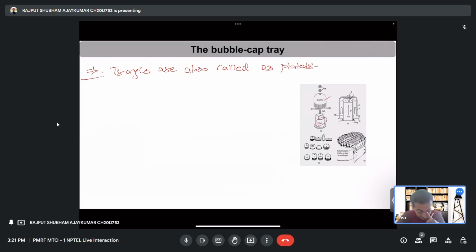Okay, so the major function of the tray, like I said, is to allow contact between the gas and the liquid, and it should hold some amount of the liquid so the gas can bubble through that, so that there is a dispersion of gas in the liquid.